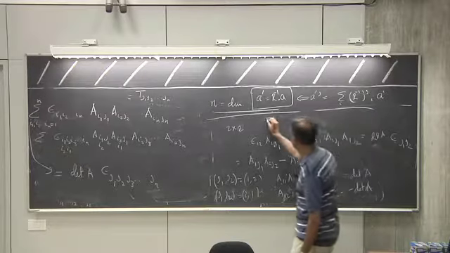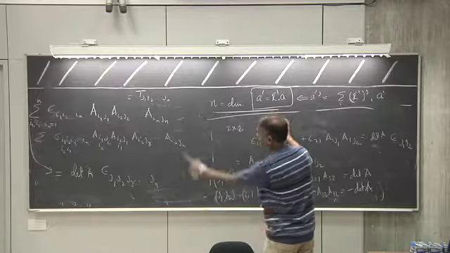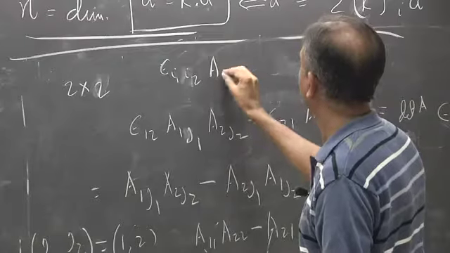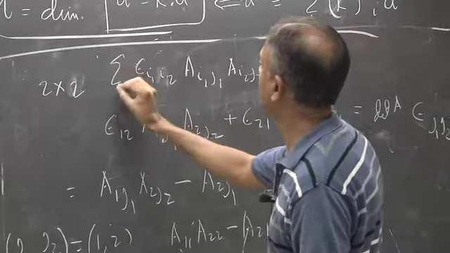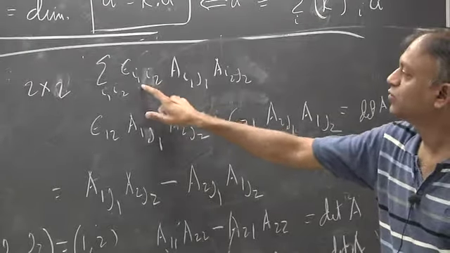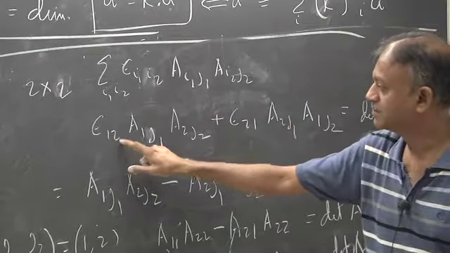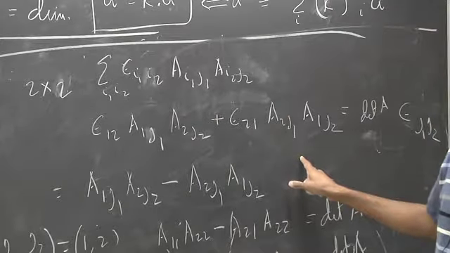I'm just writing the formula epsilon I1 I2, the same formula A I1 J1, A I2 J2, summed over I1, I2. So when the two are equal, of course, it is 0. So the only possibility is epsilon 1 2 or epsilon 2 1, so for these two cases, these two terms.